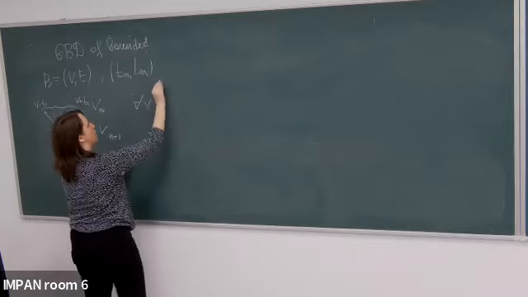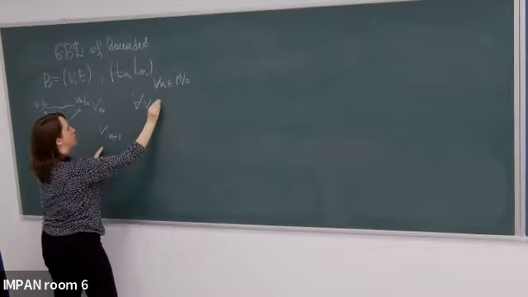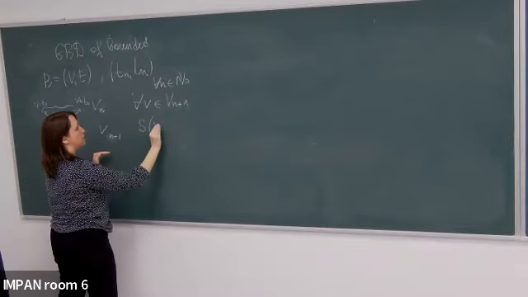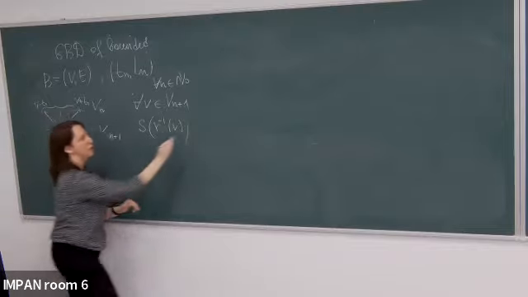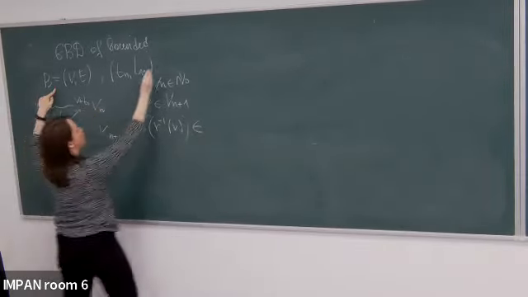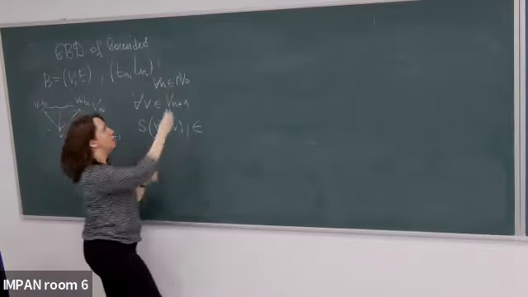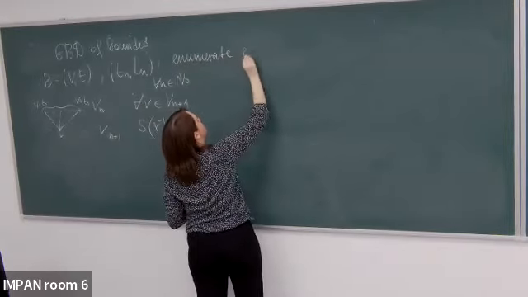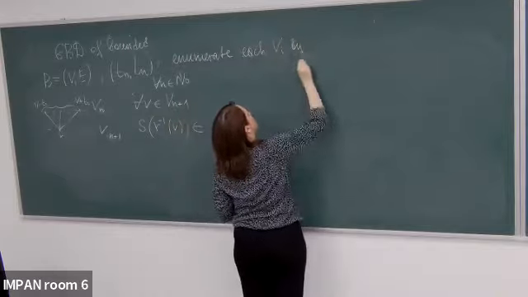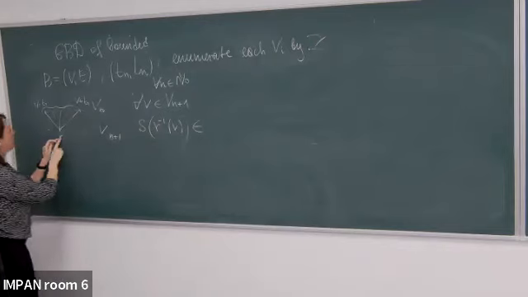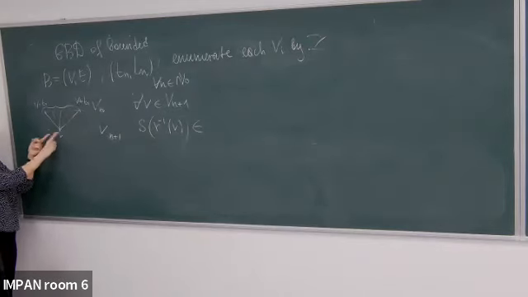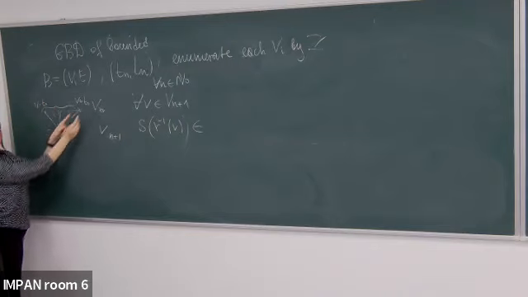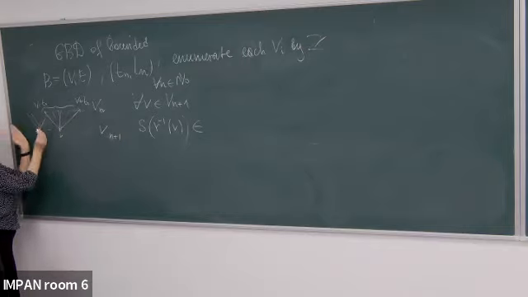For every vertex V in level n plus 1, the sources of the incoming edges belong to the interval V minus T_n, V plus T_n, where each vertex is labeled by integers. This happens for every vertex.